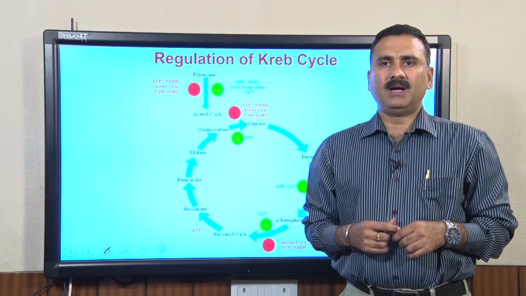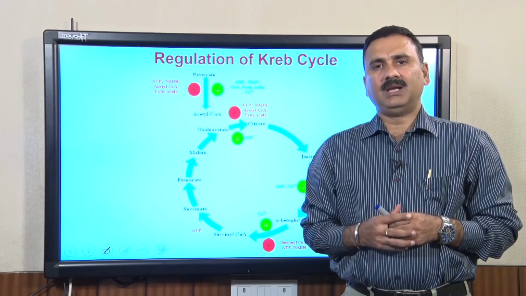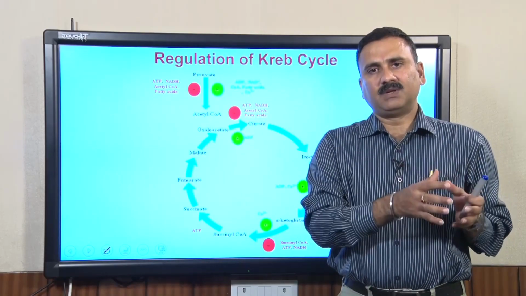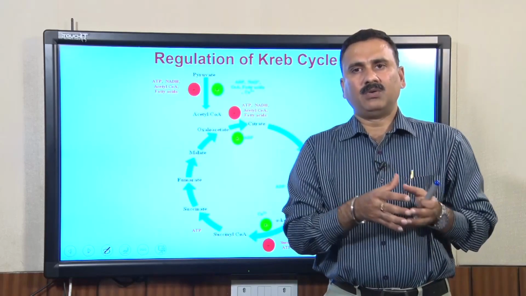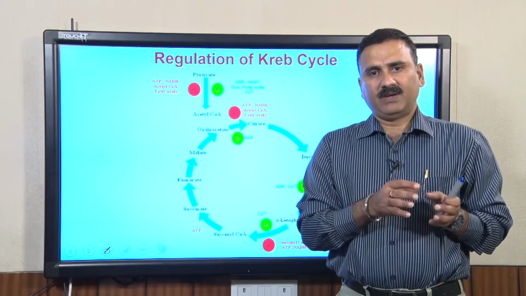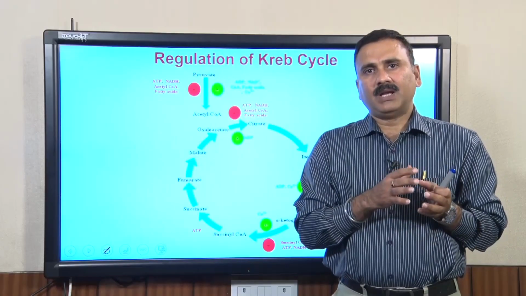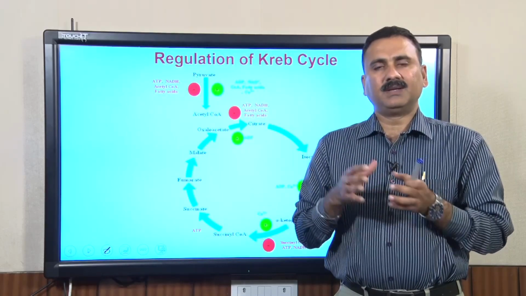The reason is that the Krebs cycle is the central metabolic pathway. Just after glycolysis, where glucose is broken down and converted into pyruvic acid, the pyruvic acid enters the mitochondria, and then it enters the central metabolic pathway, which is called the Krebs cycle.